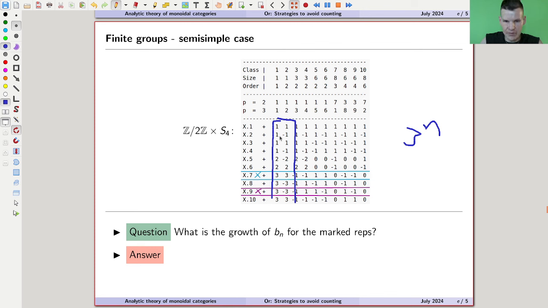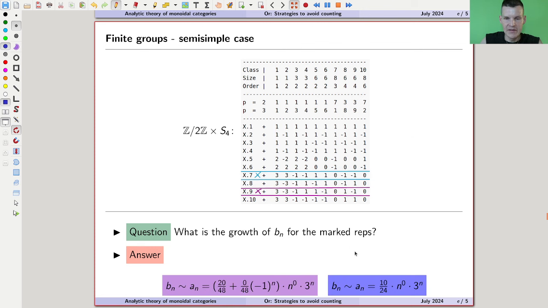And whatever it is, 1, 1, 1, we'll do it. I did it anyway. So for the purple one, it's 20/48. 48 is clearly the order of the group, as 4 cross Z mod 2. This column sum is 20, and this column sum turned out to be 0. So we can see that 3 and -3 cancel, these cancel, these cancel. Yep, and that's then your formula.